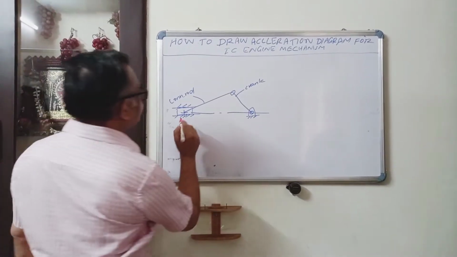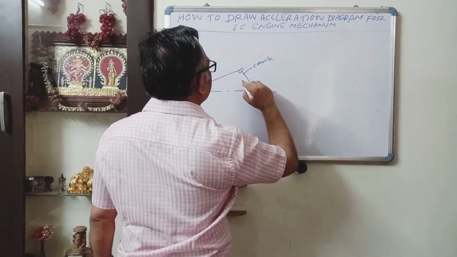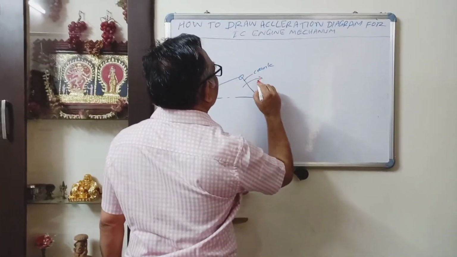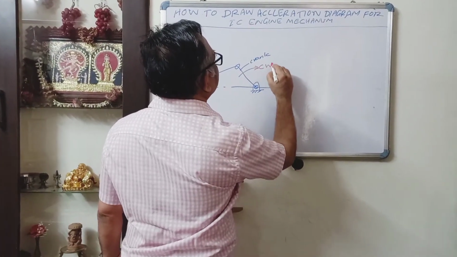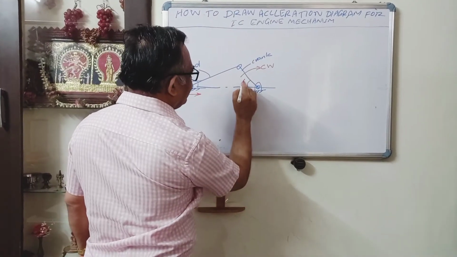Let us assume the crank is rotating in the clockwise direction. Theta will be given.